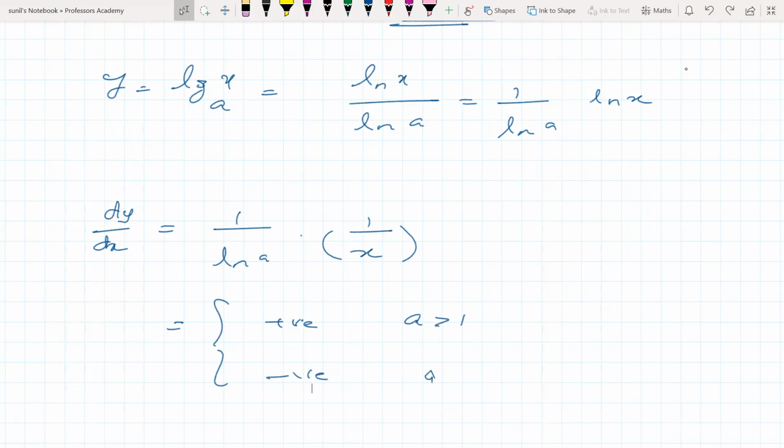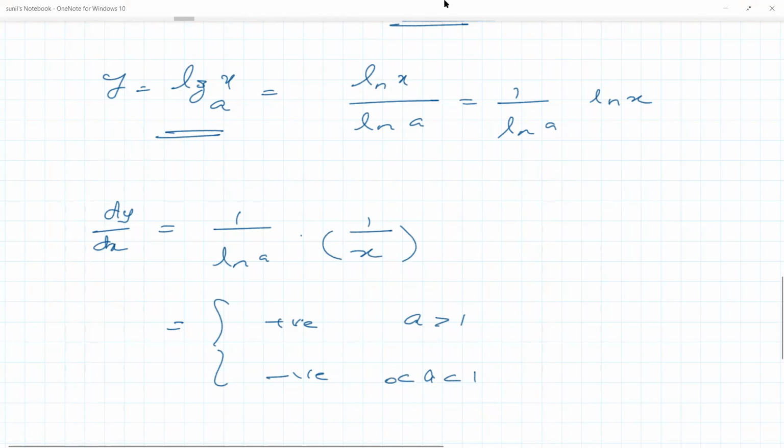So this is the situation. For log x to the base a, according to the value of a, you can find out whether it is positive or negative.